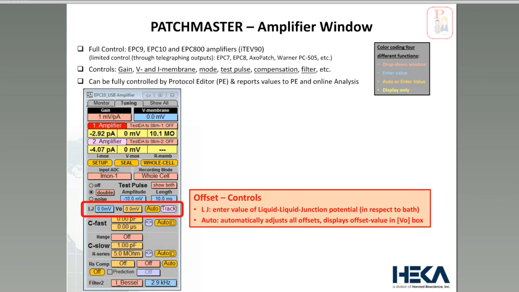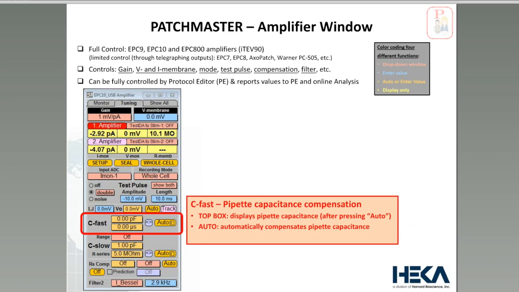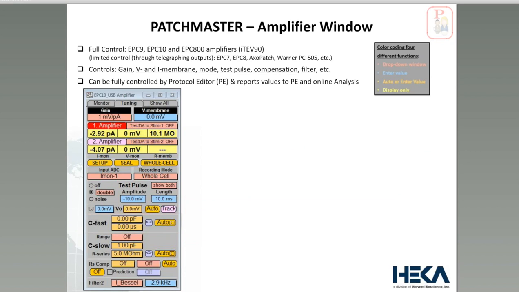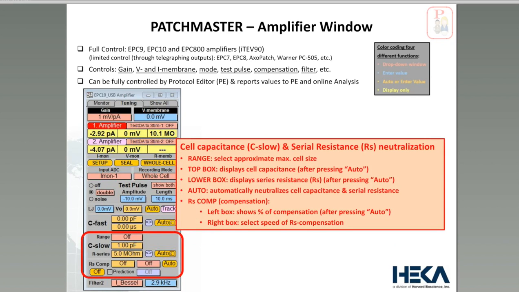Underneath it is the area where you can set the liquid junction potential, and where you can start an auto offset compensation to compensate all the offsets in your setup. Underneath that, we have the C-fast compensation. Here you compensate pipette capacitance. And again, during the live demonstration, I will show you how to use this.